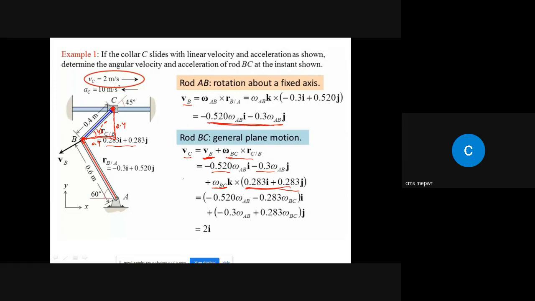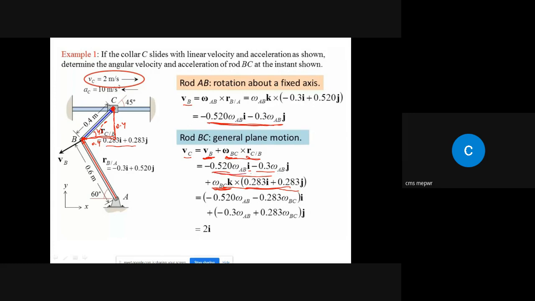Okay, and again, as I have told you, the direction of angular acceleration and angular velocity will be along K, or along the Z axis. So we have put this in vector form, also the position vector. So these are all the values. When you solve this problem, let's take all the I components on one side and the j components on the other side, right?